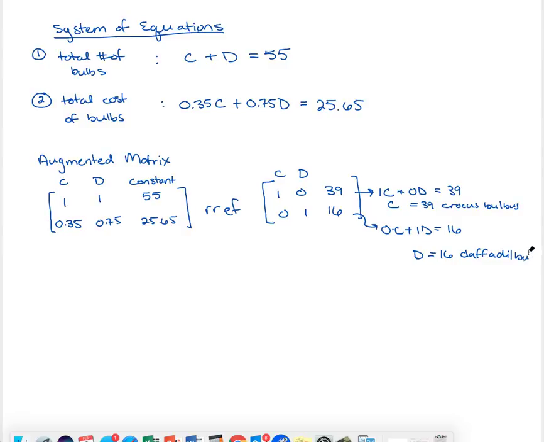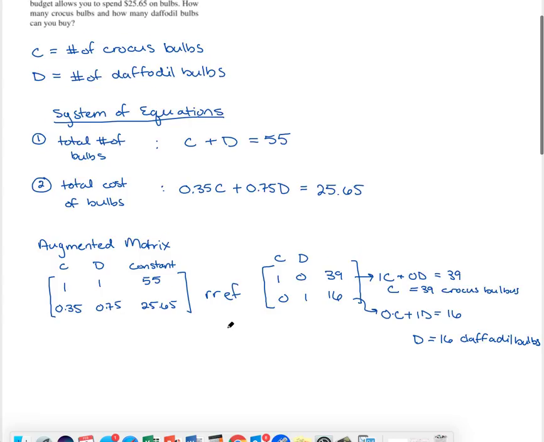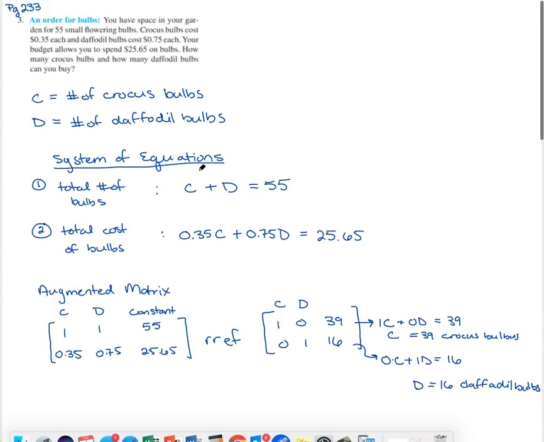Keep misspelling bulbs. Okay, there we go. So that's the solution to this system, and it's also the solution to the question we asked previously: how many crocus bulbs and how many daffodil bulbs can we purchase?